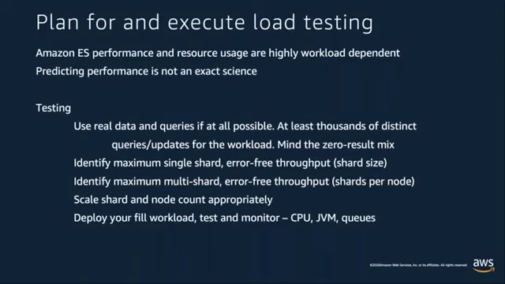So as a test plan, one way to approach this is to look at a single shard on a single instance with a single index. You're going to take that single shard and drive your workload to it and measure the error-free throughput across variations in the shard size.